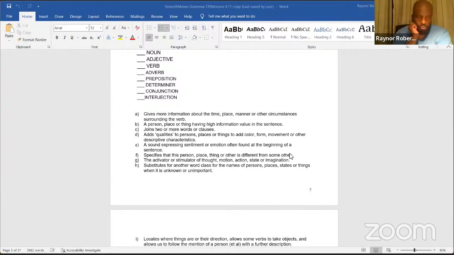So A is adverb, B is noun, C is conjunction, D is adjective, E is interjection, F is determiner. Can you go the other way from me? Noun is B. Yep. And then adjective is D. Yes, sir. Verb is G. Yes, sir.